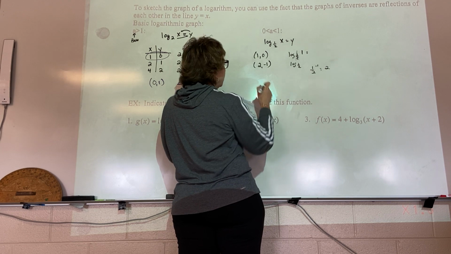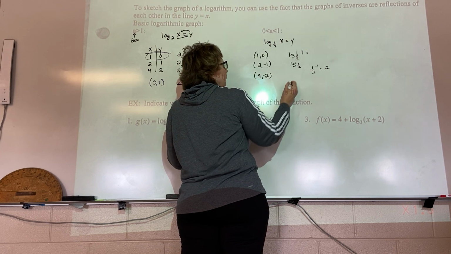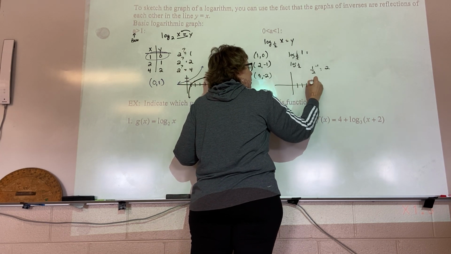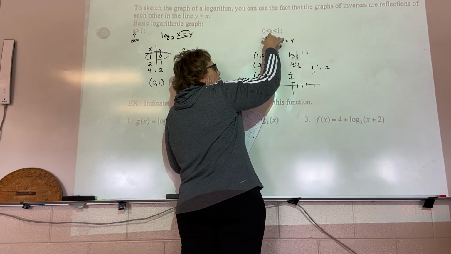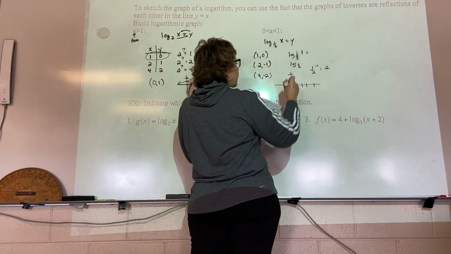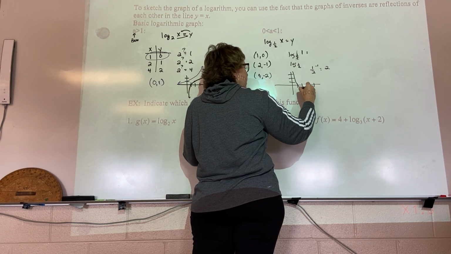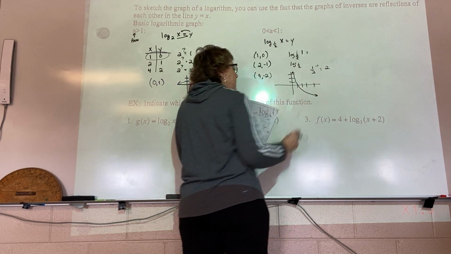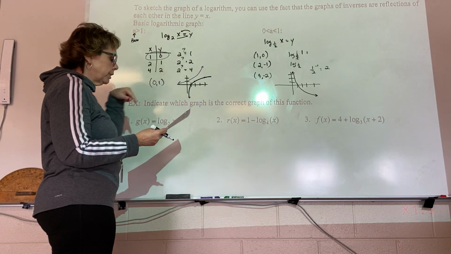All right, let me give you one more: (4, -2). So if your base is between 0 and 1, a fraction, it's going to go like this. Okay, so it's going to be going downwards.